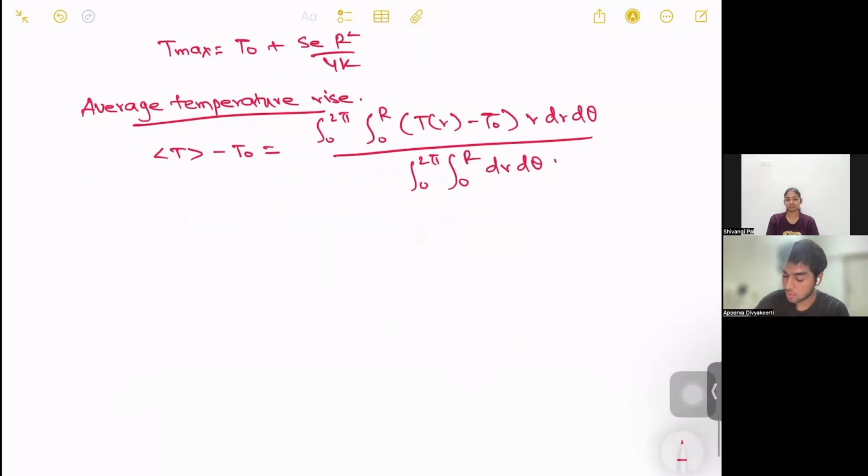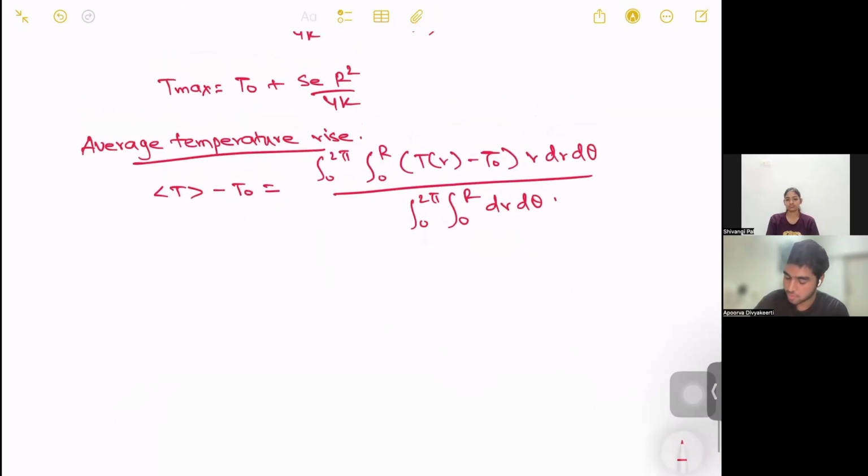Now you'll be wondering what is this? Basically this is for the differential part. The temperature rise in the differential part, we multiply by the area and then divide by the total area. So we'll get the average temperature. The basic thing happening is total temperature rise divided by the total area.